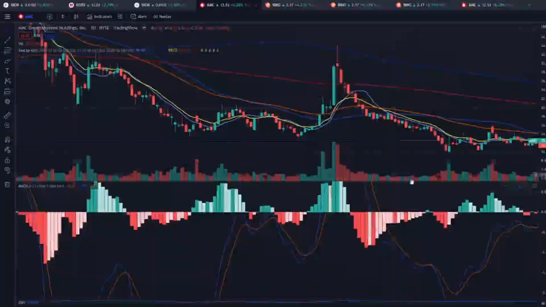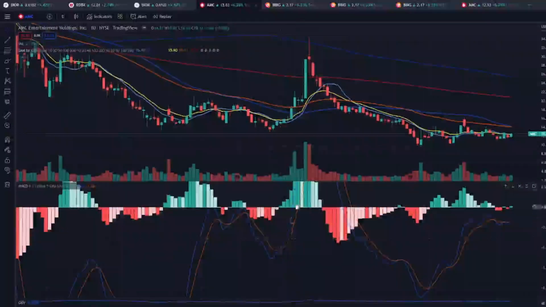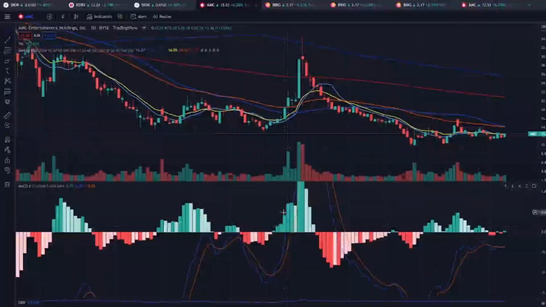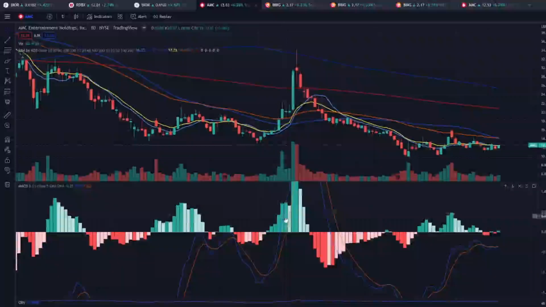So let's say I want to take a long position. Now that I know this behavior from the MACD is the numerical equivalent of a crossover in the averages, what is something that I would be seeing with the MACD that makes me want to not take a long trade? Let's get some examples.